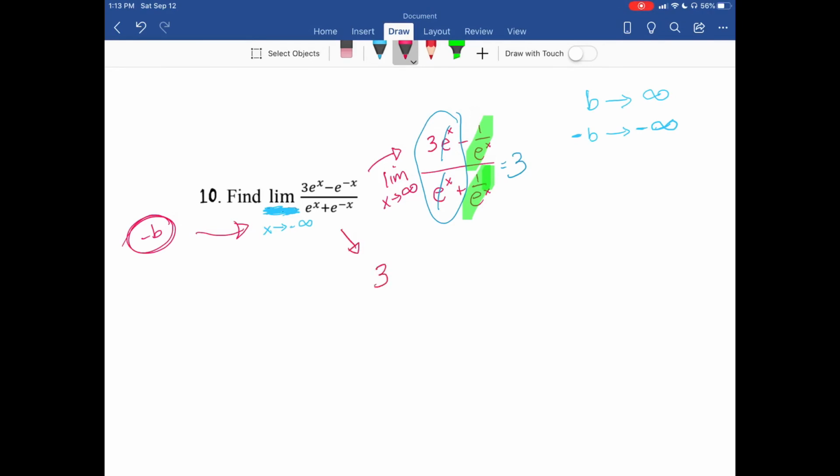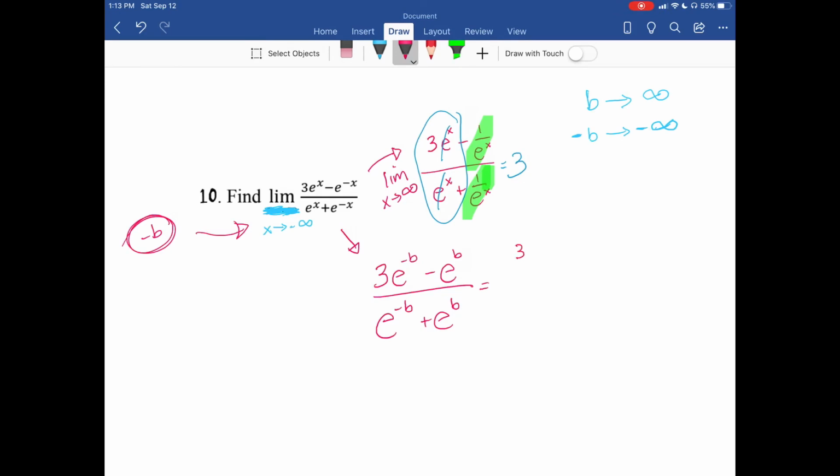So 3e to the negative b minus e to the negative b, so that's e to the b, over e to the negative b plus e to the b. And so by doing that, now the question becomes, let's see which of these approaches 0, and let's see which of these becomes sort of the aggressor in that expression.